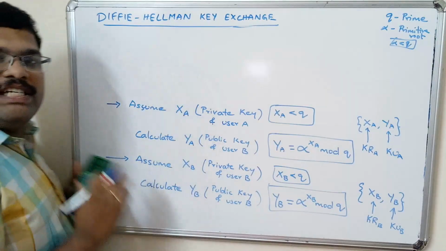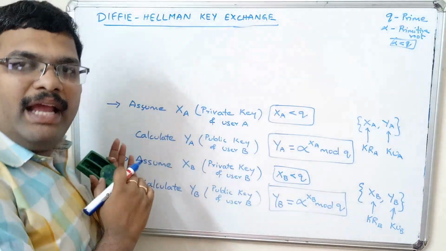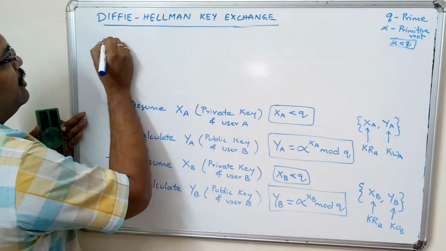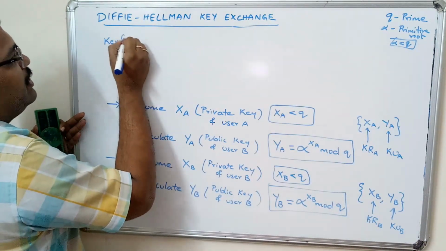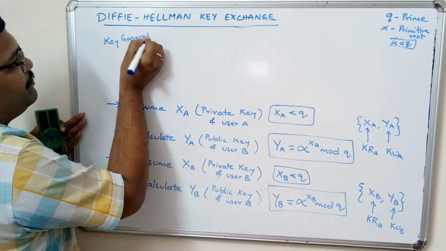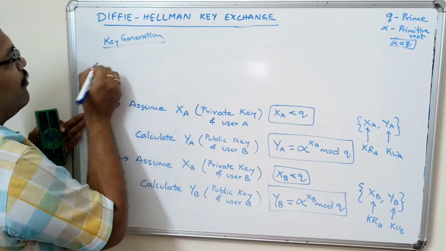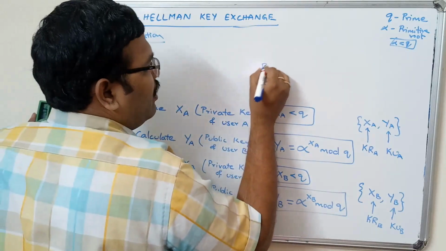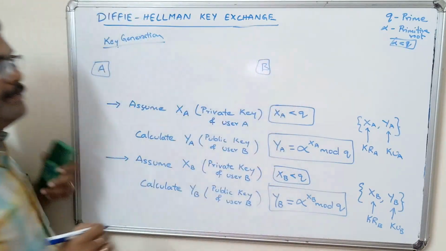Then now the key generation at user A and user B. This is the key generation, A side and B side.